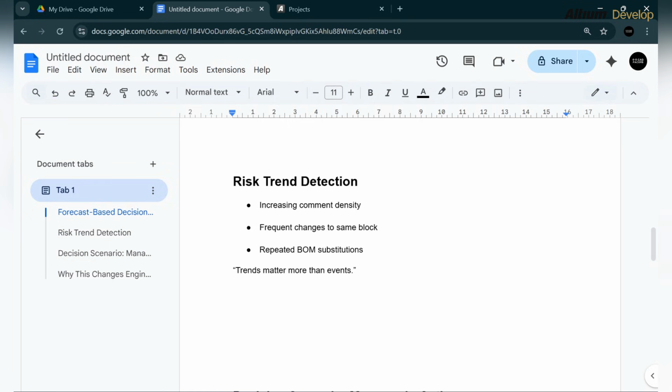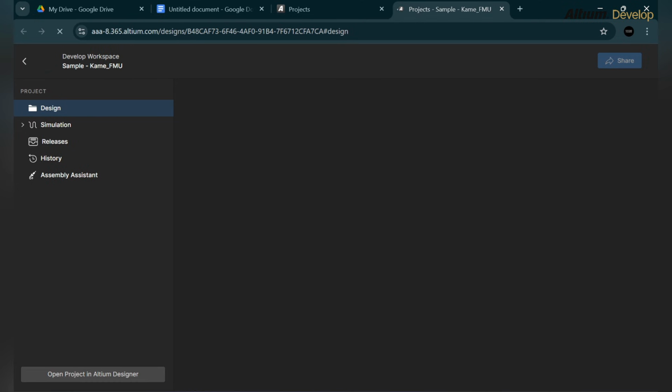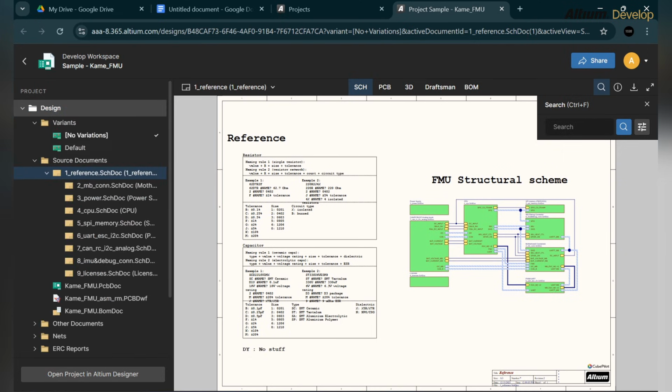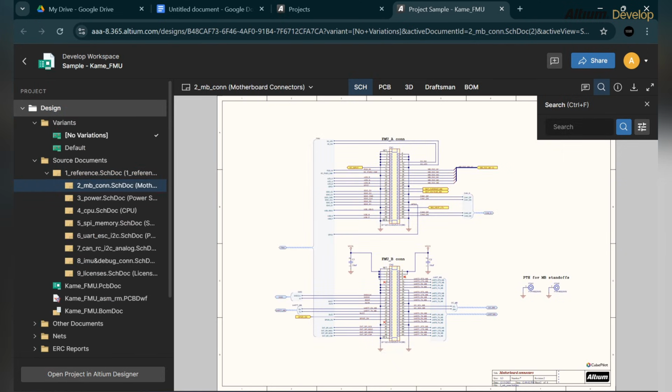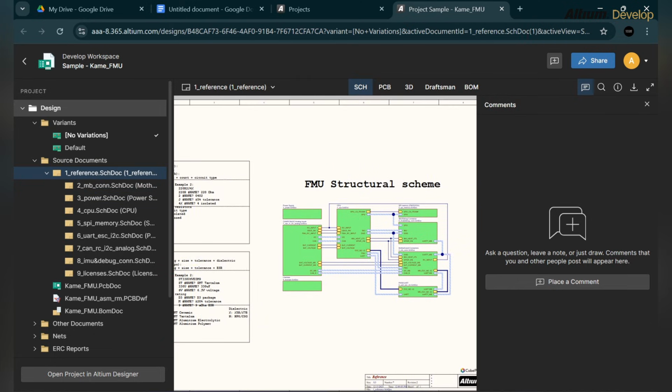Risk trend detection is like increasing comment density. The managers can detect risk in the design by detecting a high density of comments on a specific block. As we have already seen, we have a comment section where we can place comments.